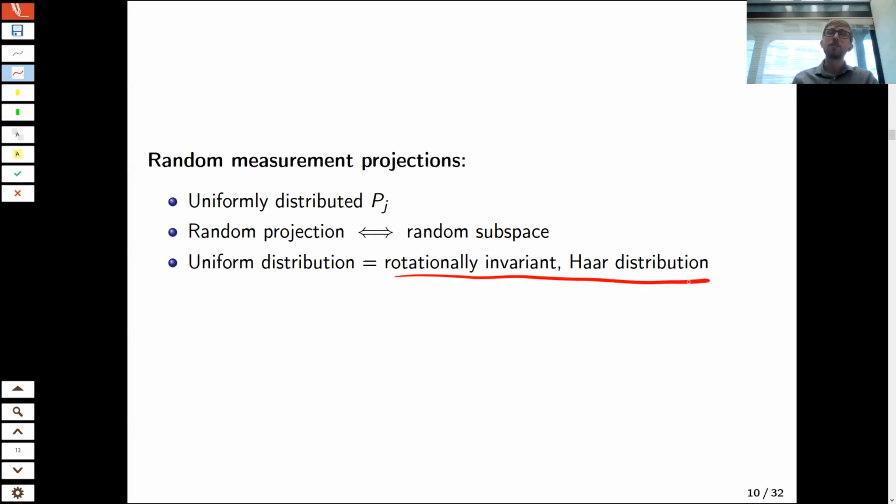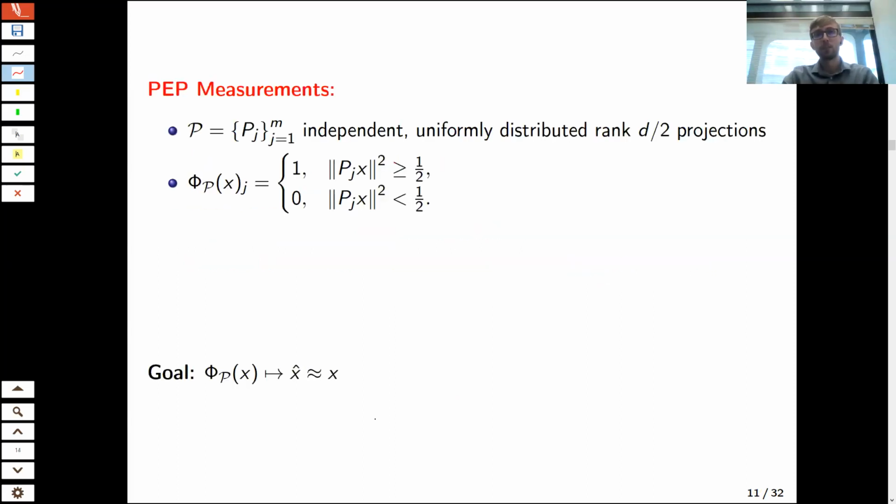It comes from the rotationally invariant uniform distribution on the unitary group. You can think of a random projection as being a projection onto a random subspace, and rotationally invariant here means it's not biased in any particular direction. So we should hopefully see the whole space if we take enough of these uniformly distributed projections. So we're going to use the uniform distribution.